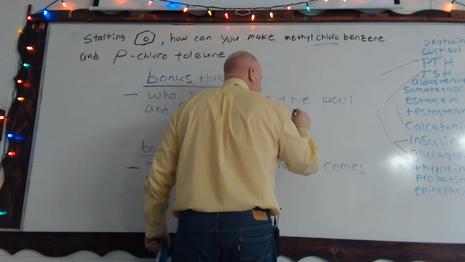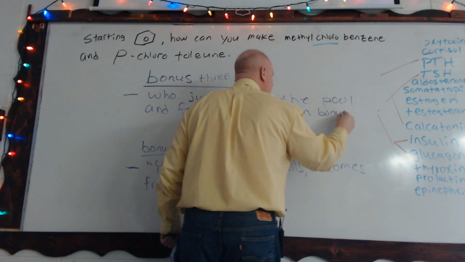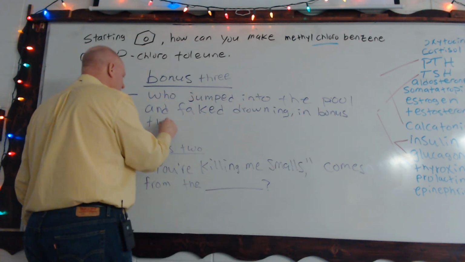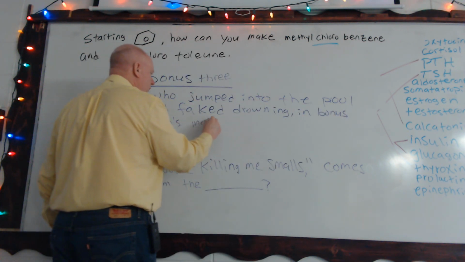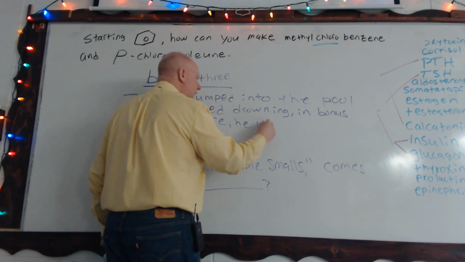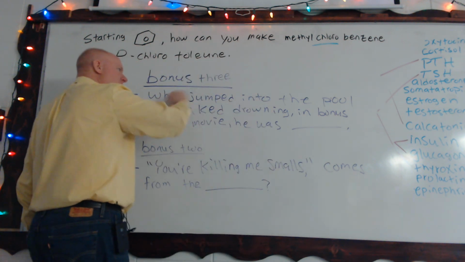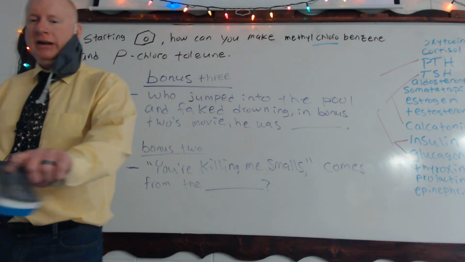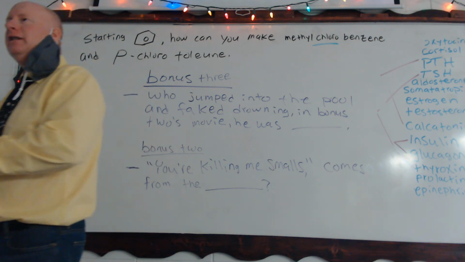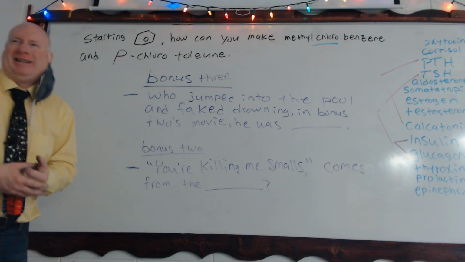So, drowning in bonus two's movie. So the answer to this is what we're talking about here, but it's this one young man who jumped in the pool and faked drowning. And what's funny about that is, of course, at the end, I think them two get married.